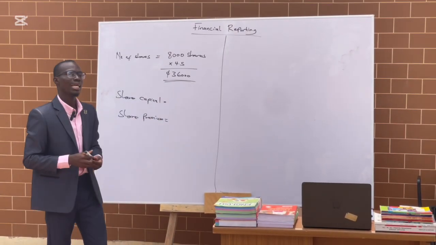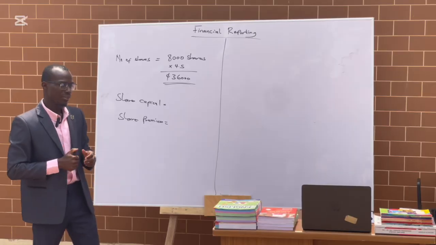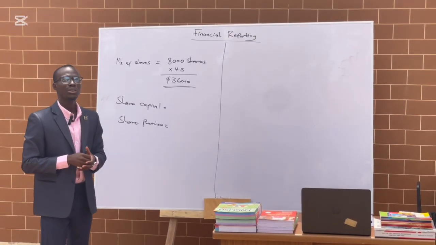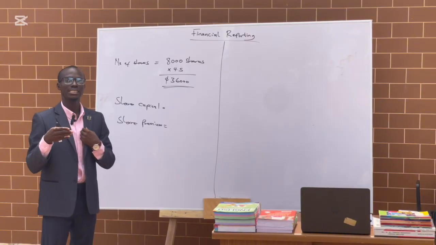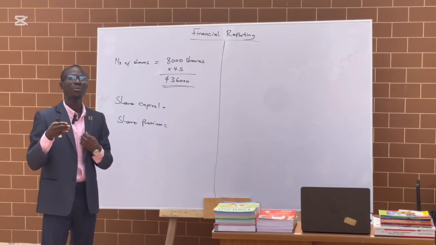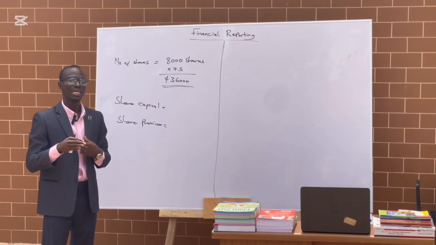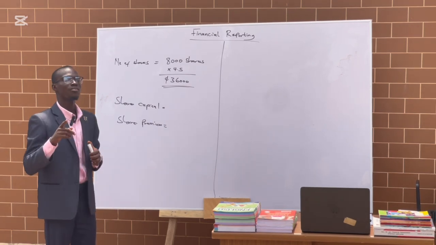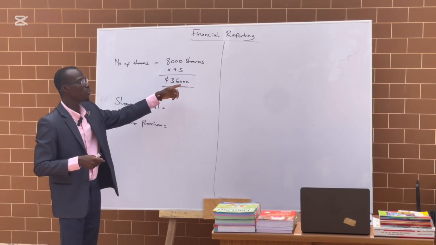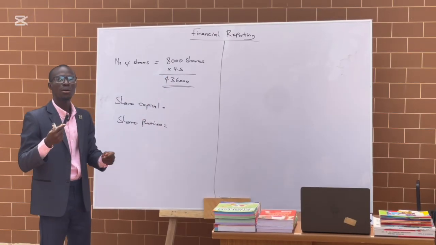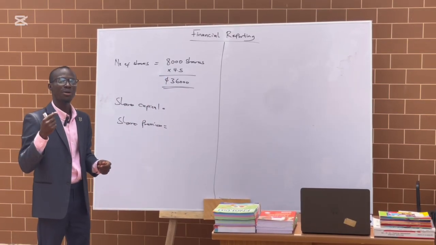Like I said in part 5, the share premium comes in because the parent nominal value was 2 cedis, but the parent issued it at 4.5. So the share premium will be the excess amount that the parent has charged.